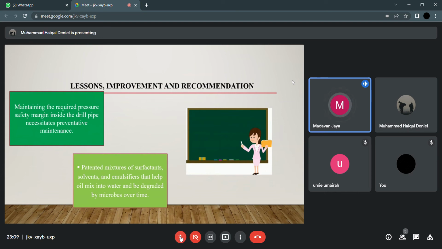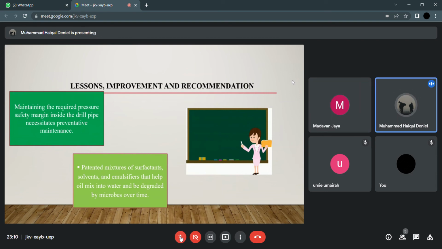Maintaining the required safety margin necessitates preventive maintenance because the blowout preventers in the Deepwater Horizon were not examined and were not functioning properly. The oil spill commission reiterated the necessity for a third party independent evaluation of blowout preventers. I would like to pass to Haika.